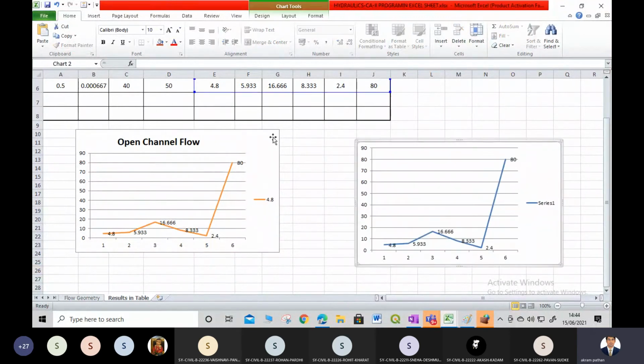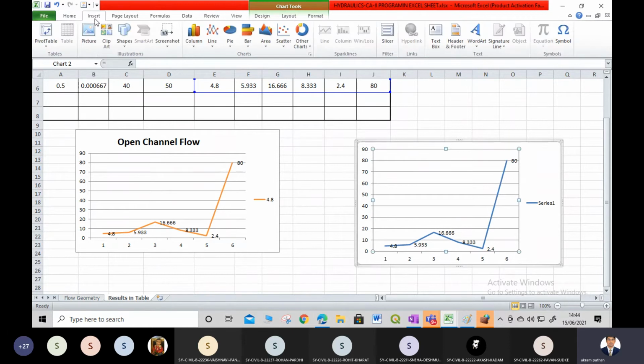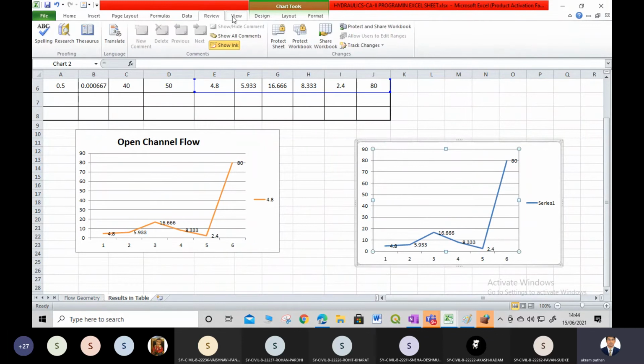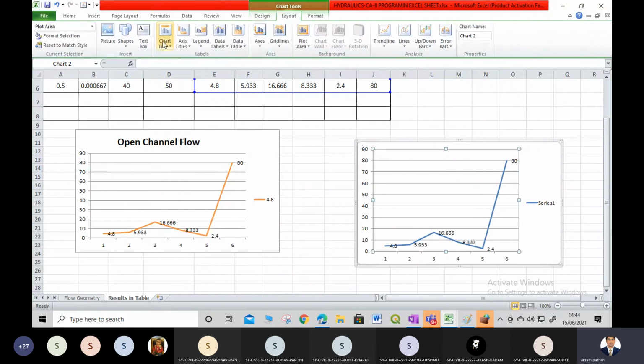And if you want to write down the name for this open channel, then you can go to the insert section, then we have the layout.